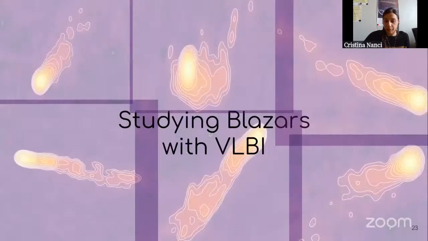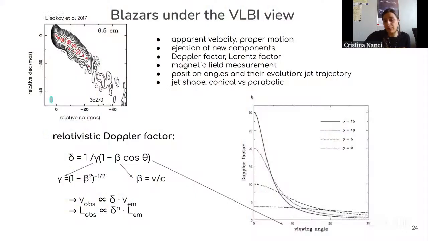From a VLBI point of view, we have high angular resolution, so we can study blazars in their parsec scale regions. One of the most powerful tools that we have to study blazars with VLBI is to model our data with Gaussian components that identify bright knots in the jets that can be both moving knots or stationary knots.